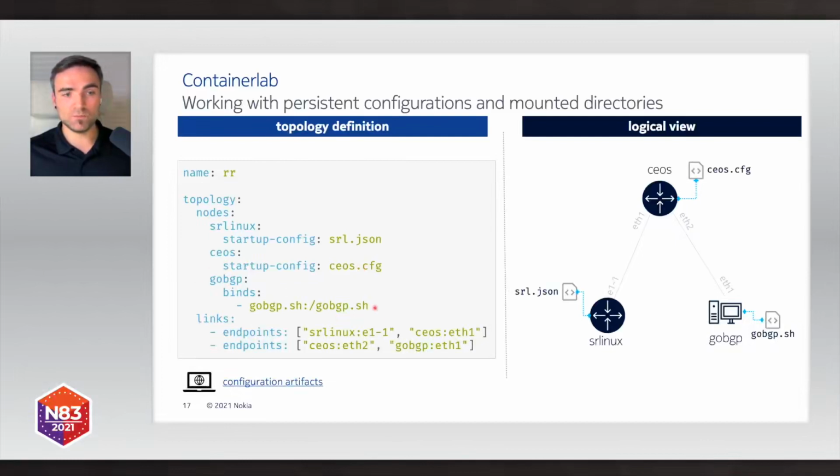And for GoBGP, you need to just execute this script, and it will do all the heavy lifting of configuring the GoBGP daemon and making the route announcement. So now this thing can be checked into Git with all these files as a startup config and with the GoBGP shell script, and anybody can pull it and replicate exactly the same stuff that I just did.